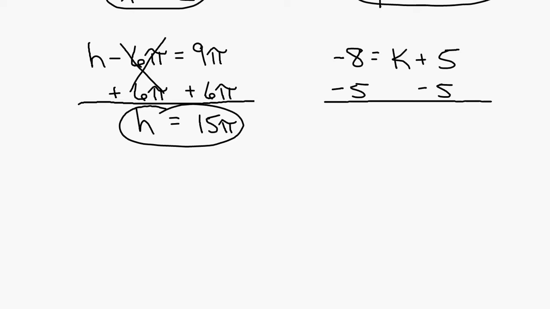The equal sign comes straight down. The k comes straight down. The 5's, the positive and negative 5, cancel each other out. So in your calculator, this is where you've got to be careful when you have a negative as your first number. So it's negative 8 minus 5 equals negative 13. Very good.